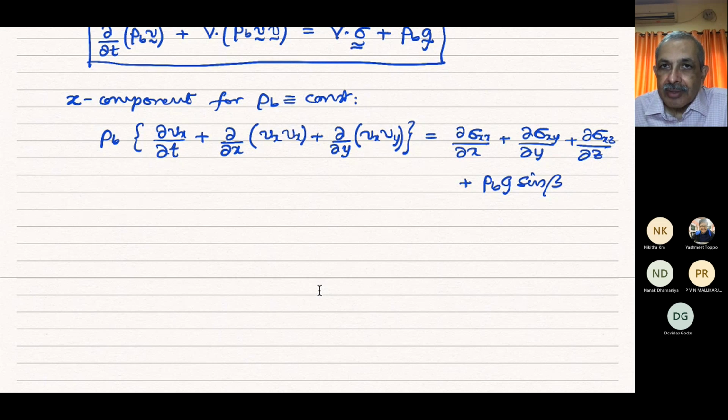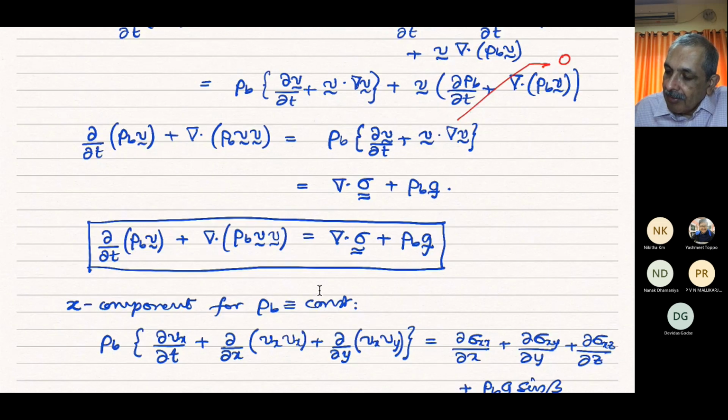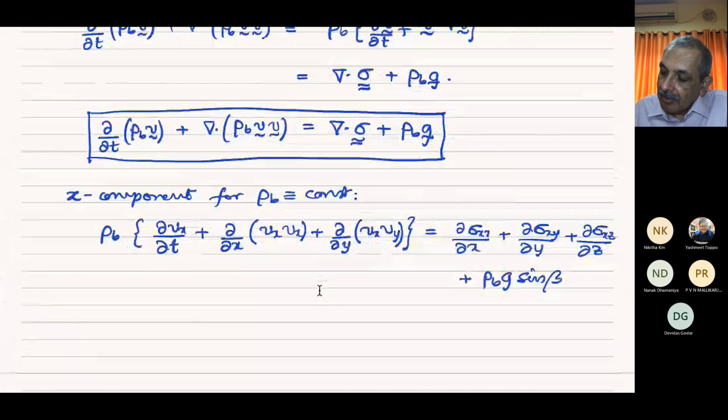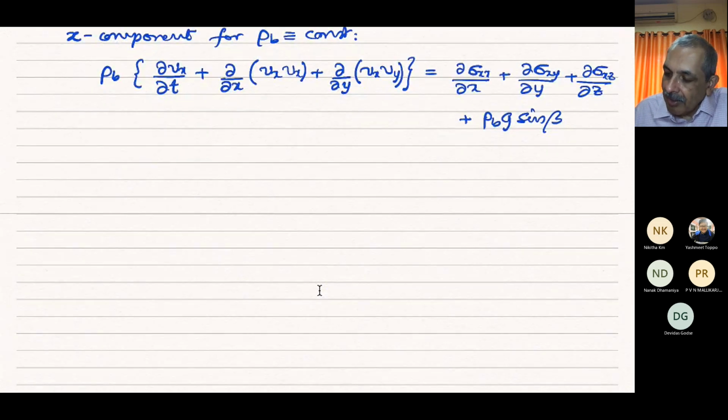So what we'd like to do first is average in the z direction. Going back to this figure, this is X, Y, and Z is perpendicular to the screen. We imagine there may be two walls that might apply some friction, so we just average over Z. If you average over Z, then all the terms will essentially become the mean values, so I'm going to put an over bar to signify the mean value.